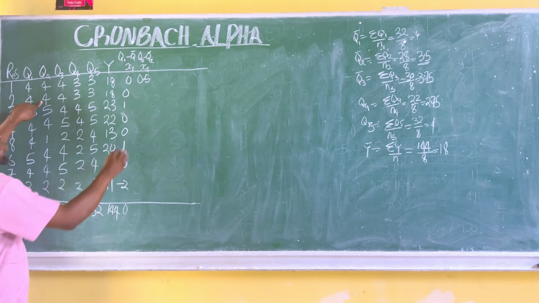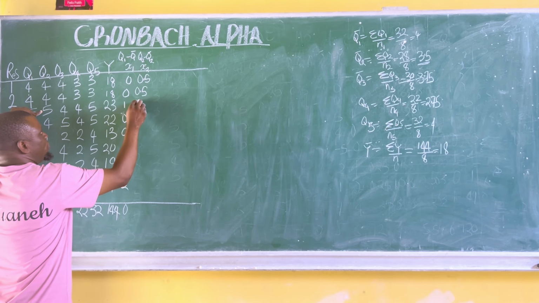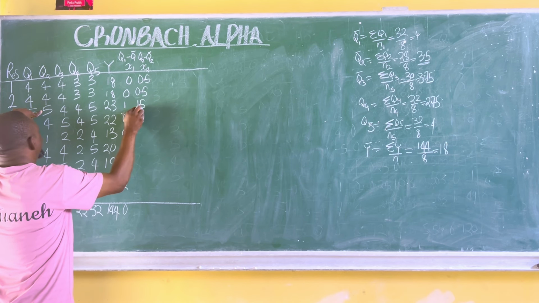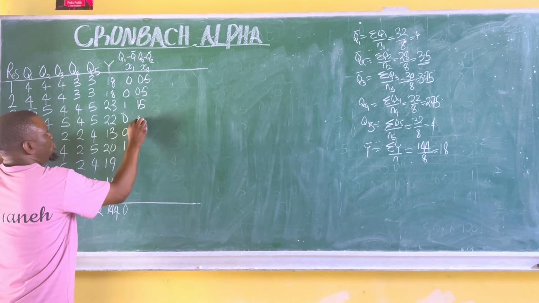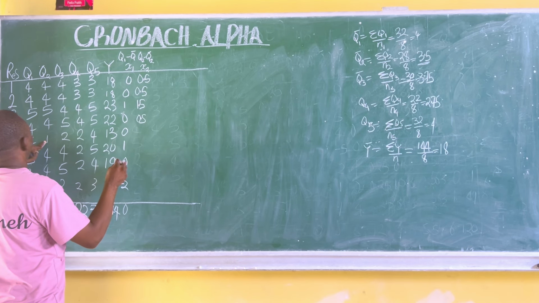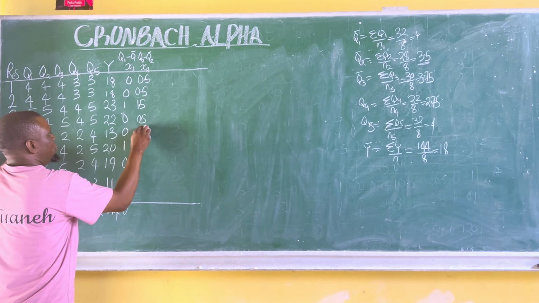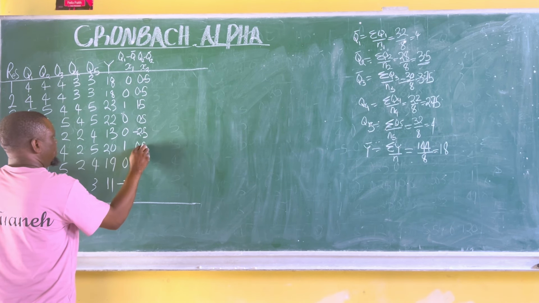Okay, 4 minus 3.5 will also be 0.5. 5 minus 3.5 will be 1.5. 4 minus 3.5 will be 0.5. 1 minus 3.5 will be minus 2.5. 4 minus 3.5 is 0.5.